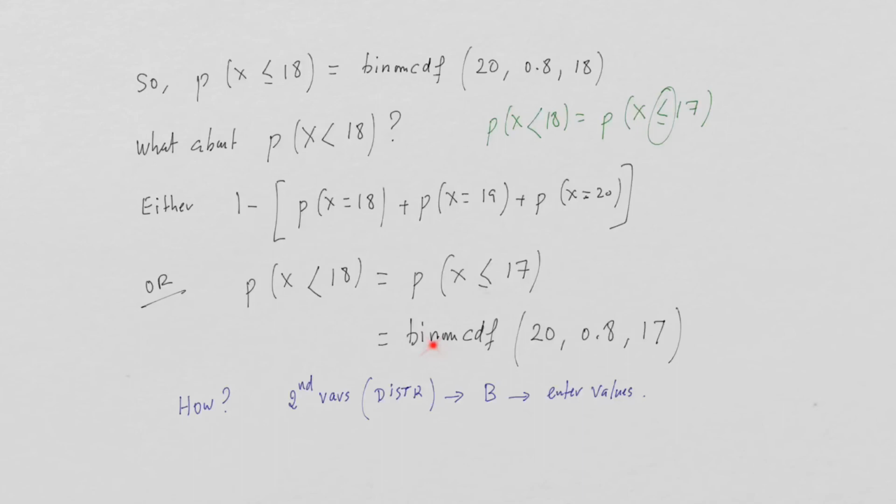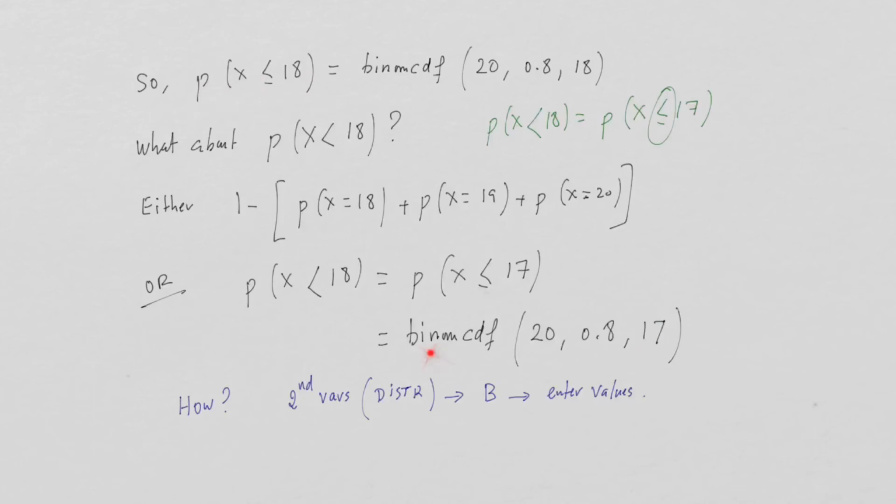How? Binom CDF N P X. Even though it says 18, you need to write 17 because you have to ensure less or equal. You cannot have strictly less and write 18 here because that's going to give you this one. Are you with me?